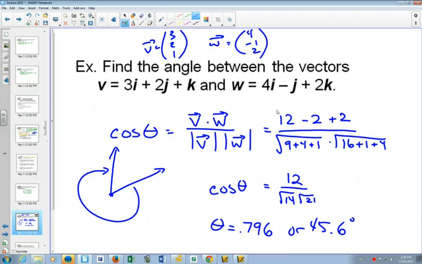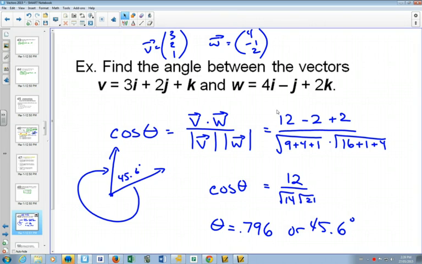Since cos is positive in 1 and 4, right, there's going to be an answer of 314.4 degrees. But when we're finding the angle between two vectors, in this case, it's going to make sense to find that angle, the smaller one, rather than finding the big one that goes around the outside. So we're always going to find either the angle between 0 and 90 degrees or the angle between 90 and 180. If you found the other one that would work, it would just be the outside angle as shown here.